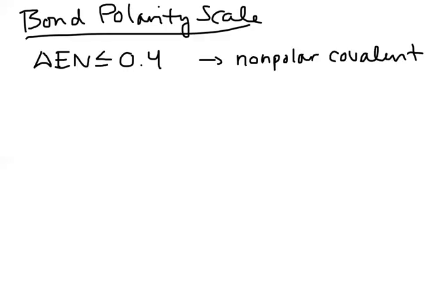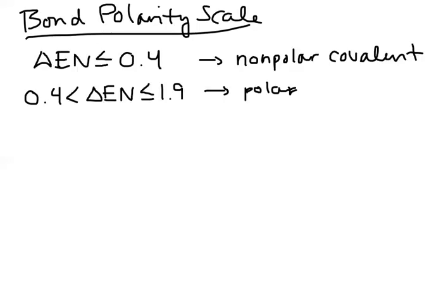But if you have a delta EN that's greater than 0.4, but less than or equal to 1.9, it is a polar covalent bond. And if we have a delta EN that's greater than 1.9, it's an ionic bond.